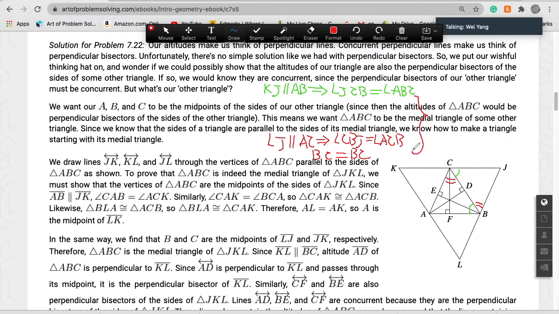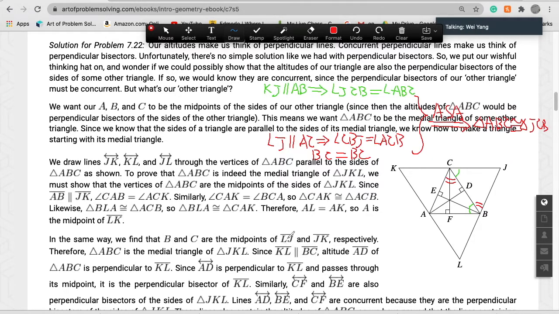Then combine these three pieces of information together, use the ASA theorem, you can get triangle ABC congruent with triangle JCB, right?